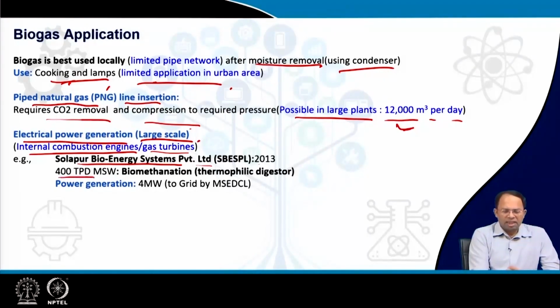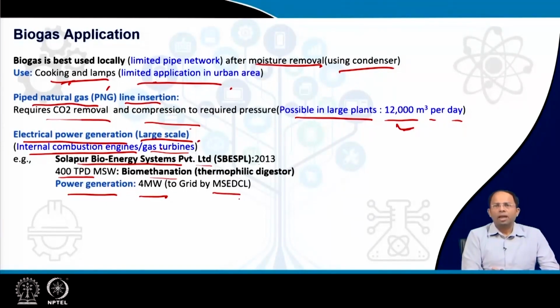It takes 400 tons per day of municipal solid waste, and using a thermophilic digester and biomethanation, it generates biogas, which is ultimately used for power generation using gas turbines, and 4 megawatts of power is sent to the electricity grid of MSETCL. So that is how we can apply biogas.